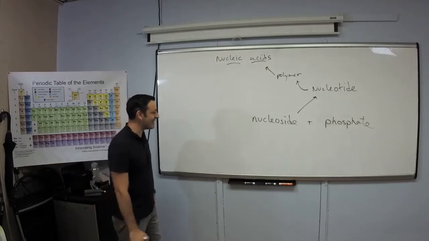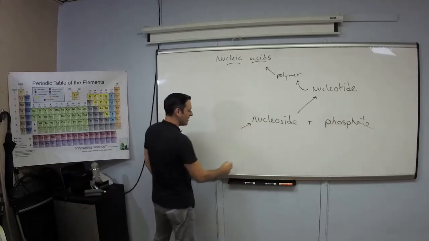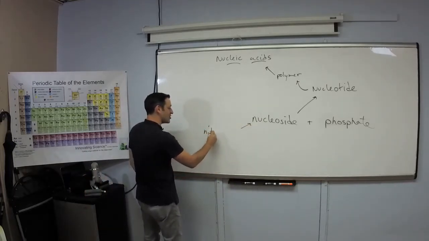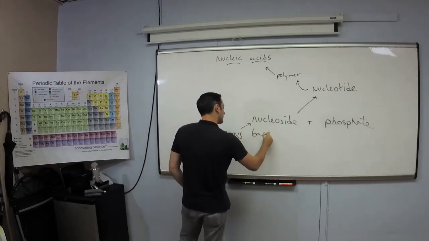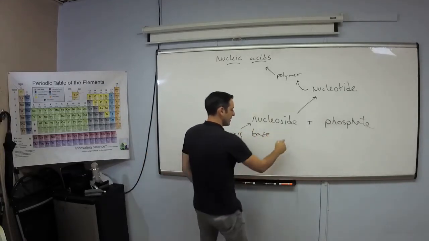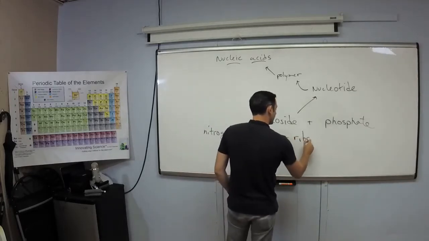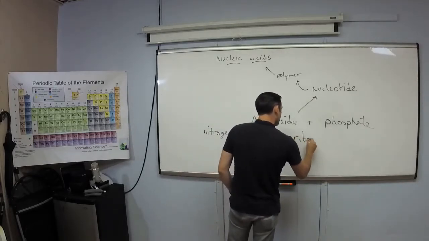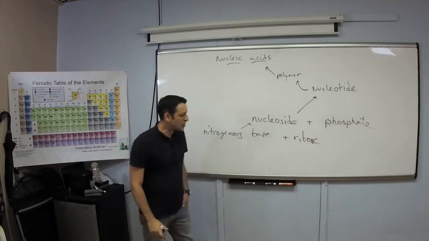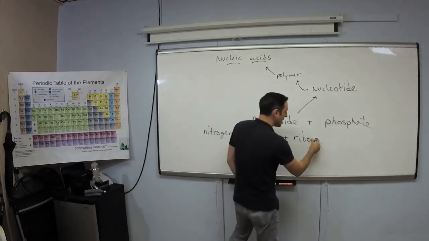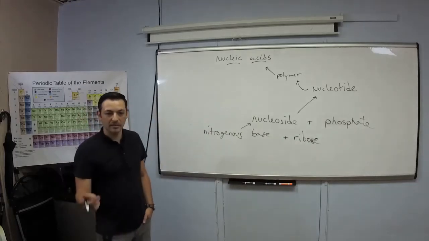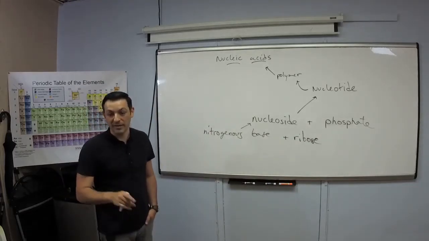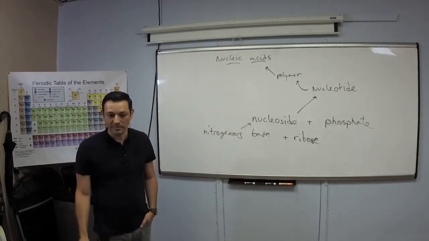So what's a nucleoside? A nucleoside is a nitrogenous base plus a ribose. A nitrogenous base attached to the N-position of a ribose in an N-glycosidic bond, specifically an N-ribosidic bond.